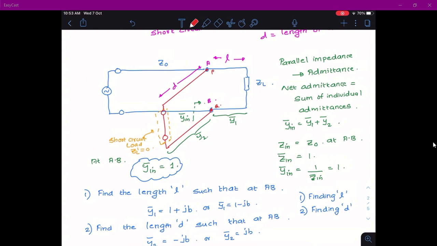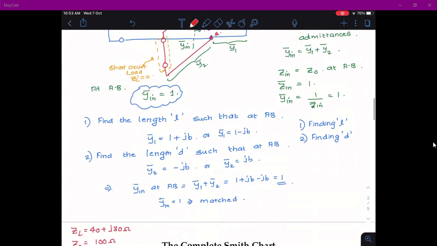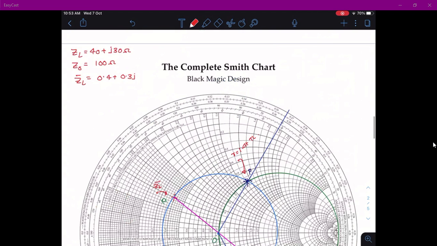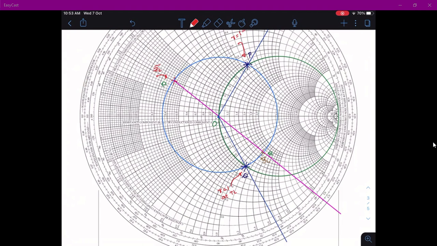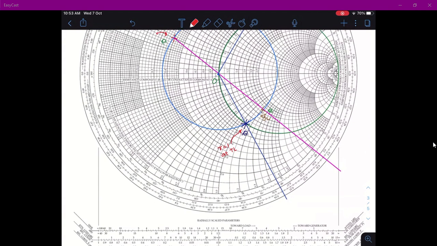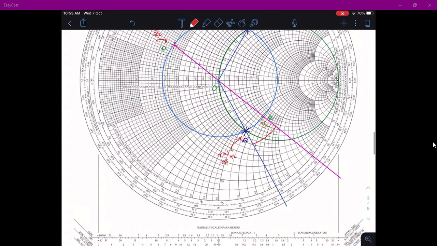So if you move L distance from the load impedance, you will get the point P. We want to find out what L is. From point B to Q, if you move this distance, it should be in the direction towards the generator.